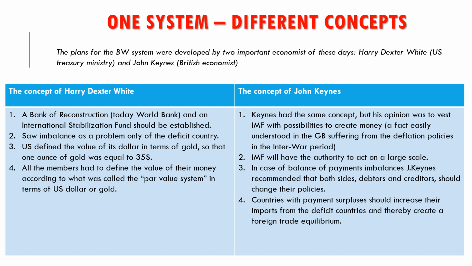The International Monetary Fund would have the authority to act on a large scale. In case of balance of payments imbalances, John Keynes recommended that both sides, debtors and creditors, should change their policies. Countries with payment surpluses should increase their imports from the deficit countries and thereby create a foreign trade equilibrium.